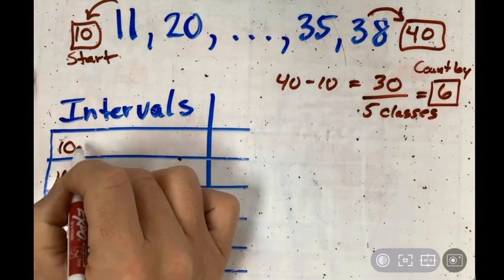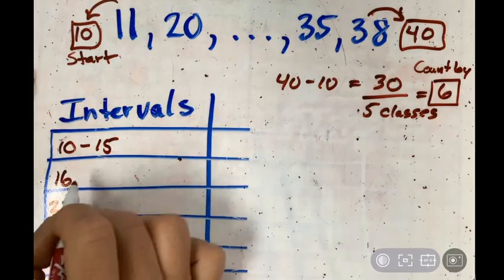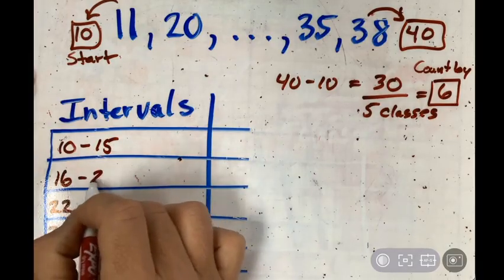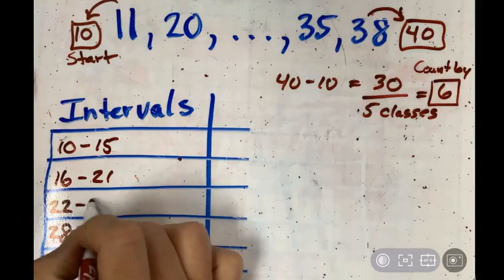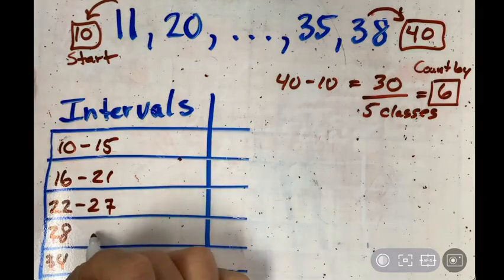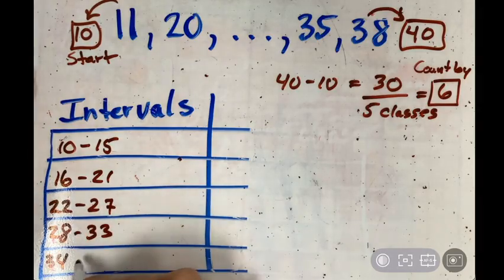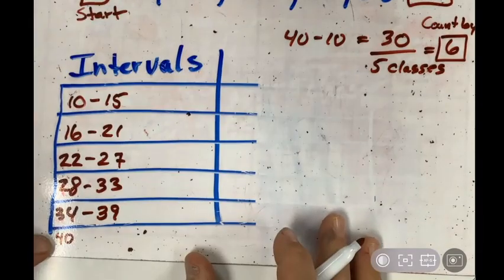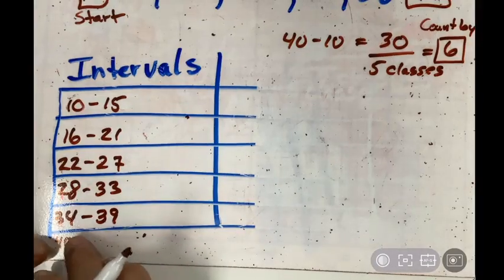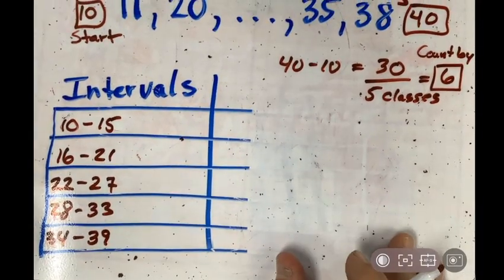So if I have 16 below it, I need to stop at 15, and then pick up at 16, going to 21 here, 22 goes to 27, and then 28 goes to 33, and then 34 goes to 39. Not 40, because 40 is the one right below there. That would be if I kept going, but I'm not. So I stop at 39.